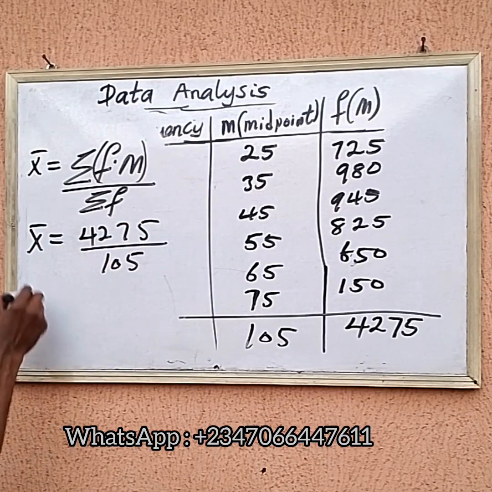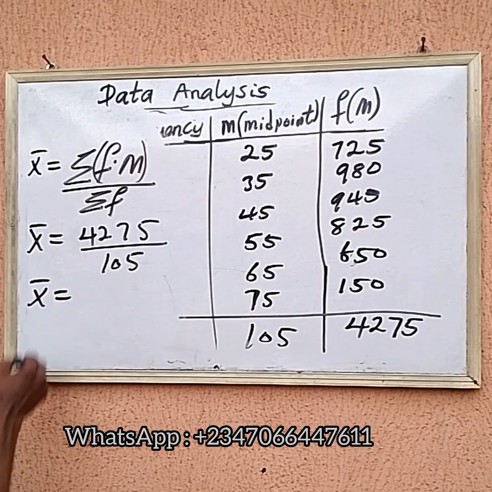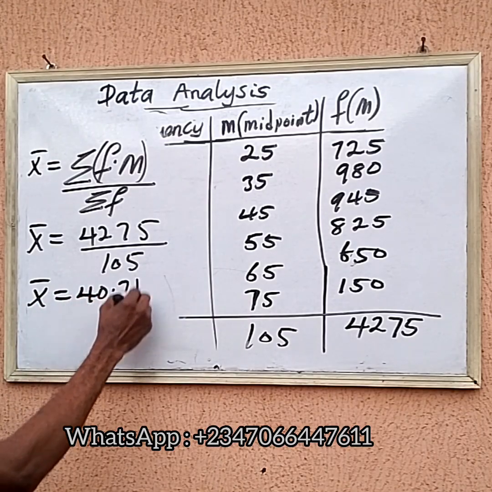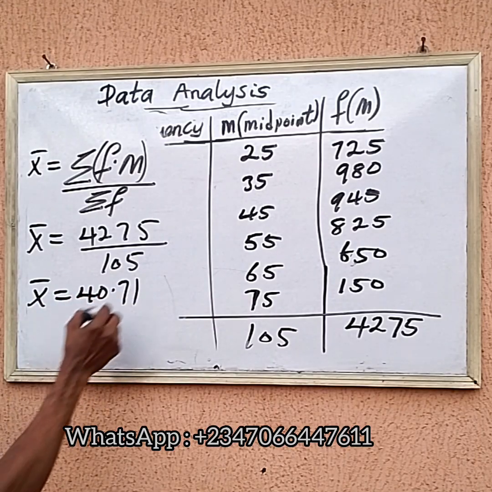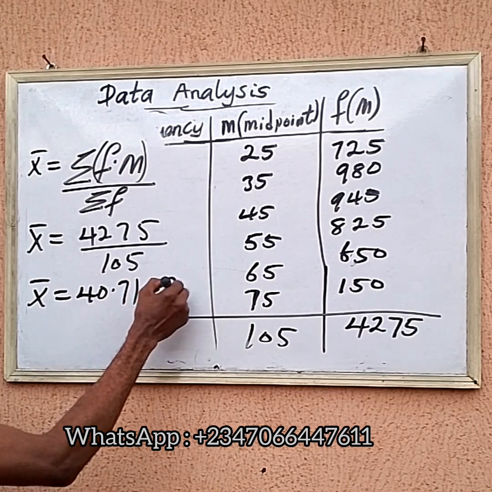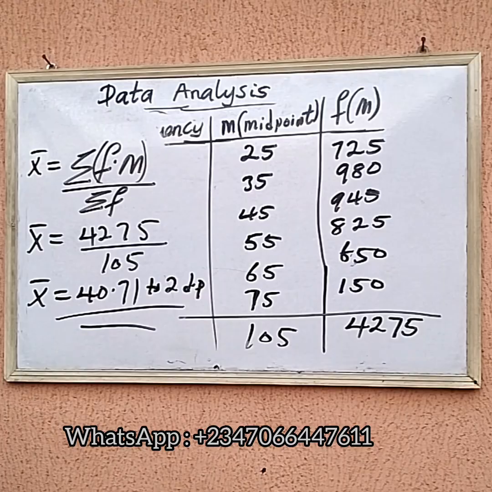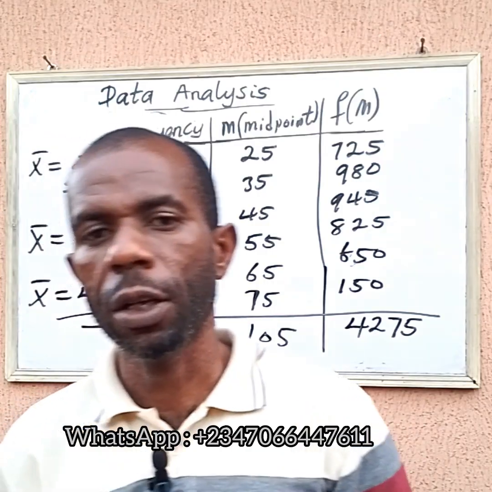The total frequency is 105. Let's get our calculator and approximate to 2 decimal places. The answer is 40.71. So this is how we calculate the mean for a grouped frequency distribution.